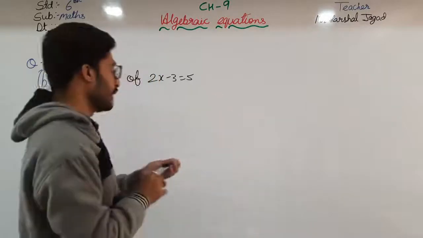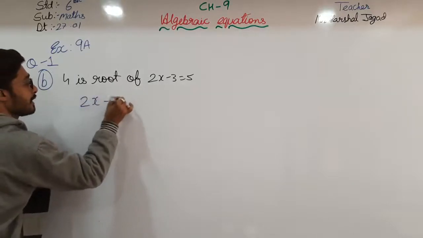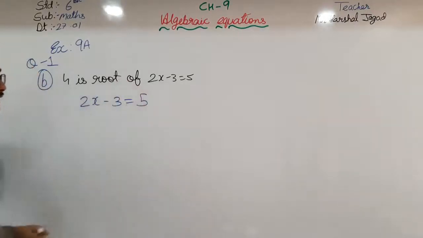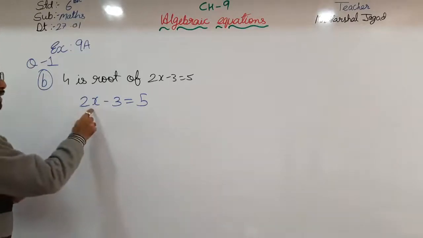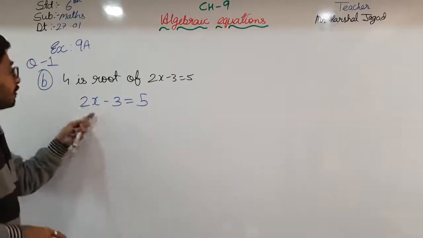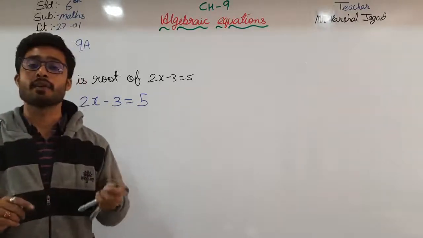So what we have to do: 2x minus 3 is equal to 5 is given. We will put the value x is equal to 4 and see whether LHS is equal to RHS or not.